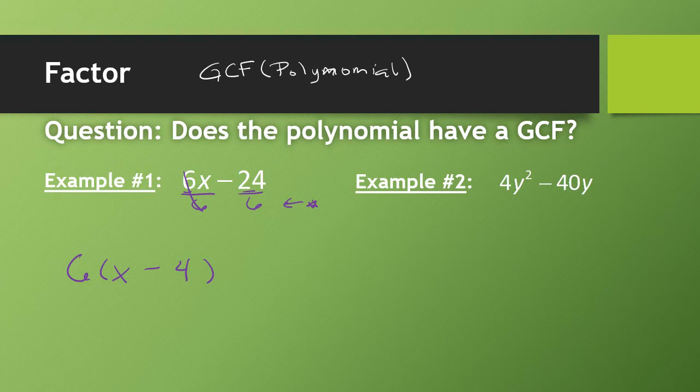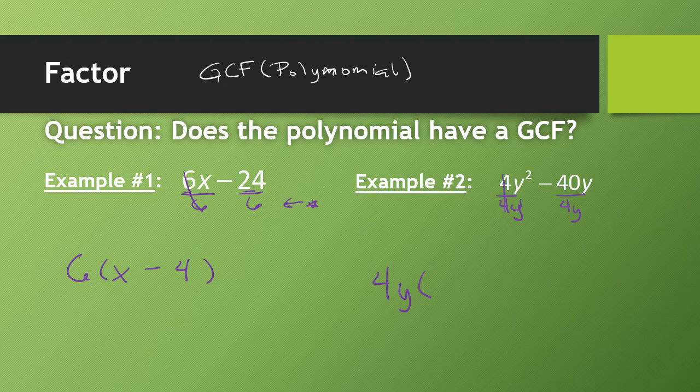Example 2. We have 4y squared minus 40y. So I look and my GCF is 4 out of my constants, 4 and 40. I have a y squared and I have a y. So I'm going to take the smallest degree, which is y to the first. So I'm going to take out a 4y, which means I'm going to divide everything by 4y. 4 divided by 4 reduces to 1.